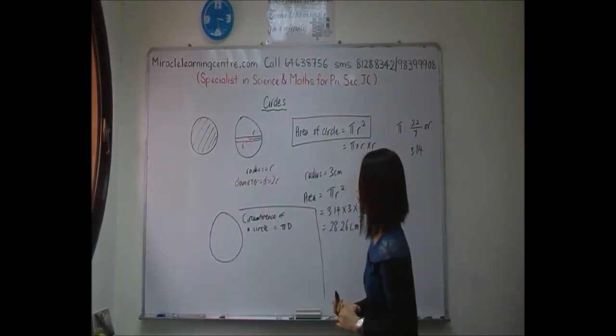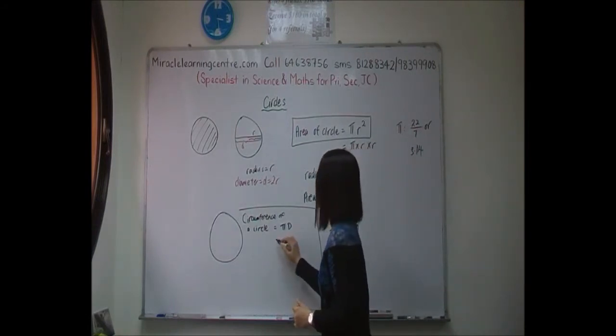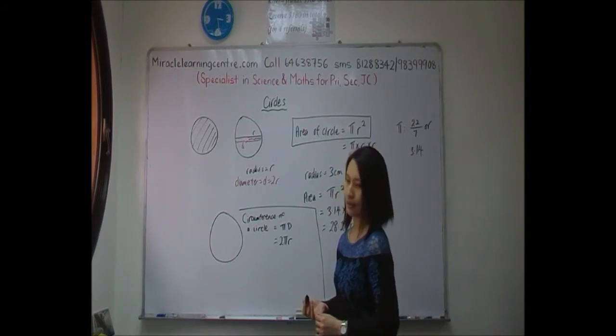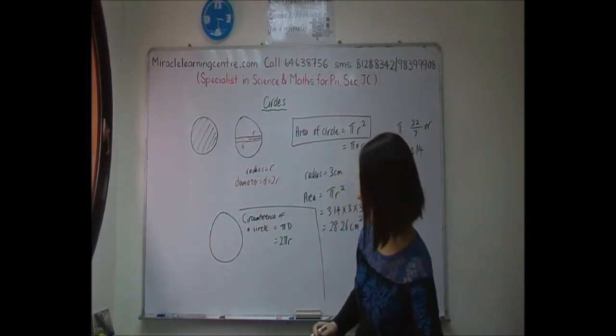Okay, it can be pi d. Because d is 2 times of the radius, it can also be 2 pi r. It's either pi d or 2 pi r.